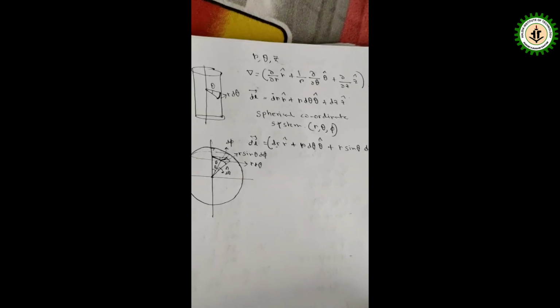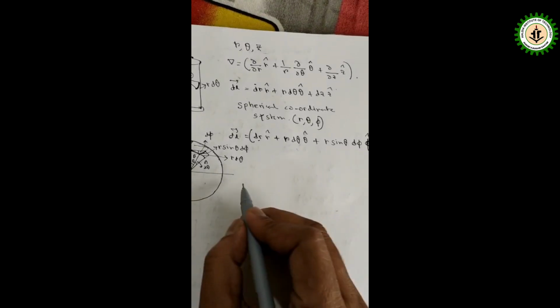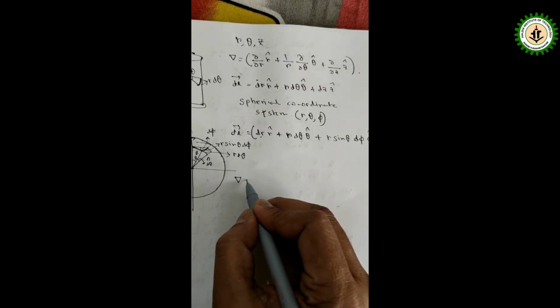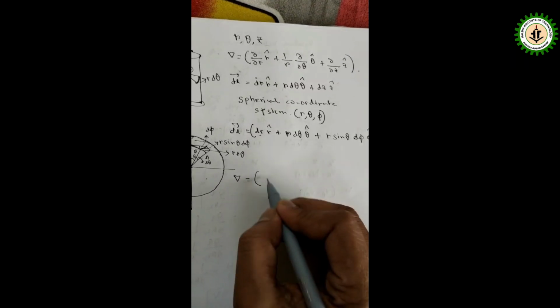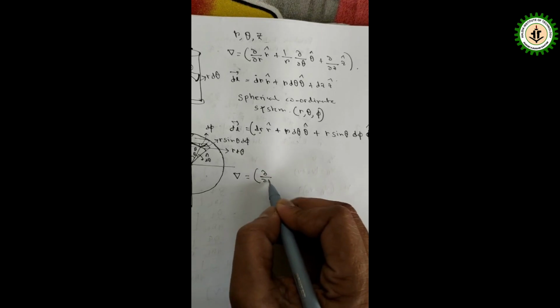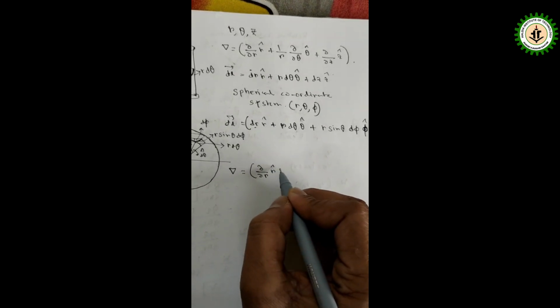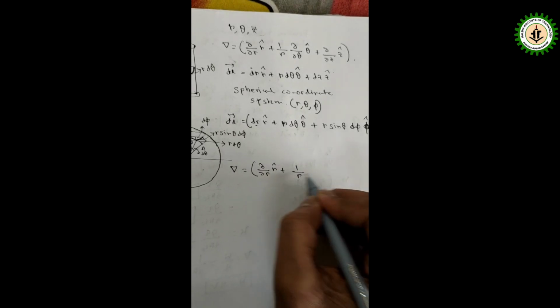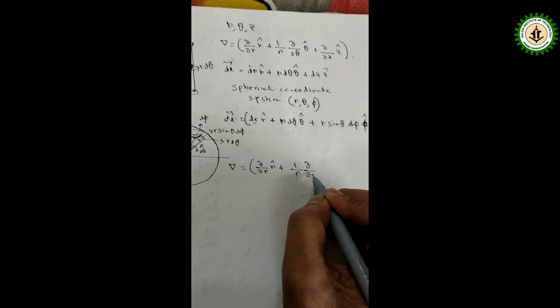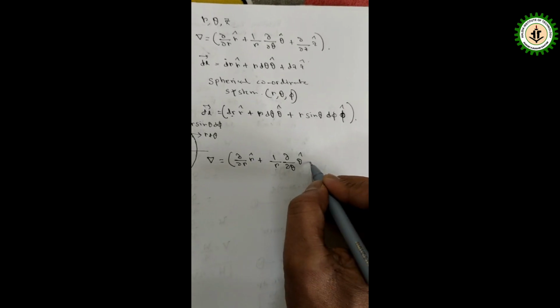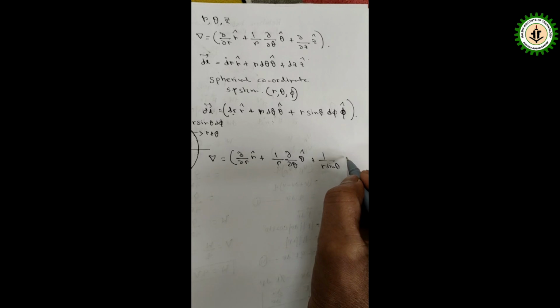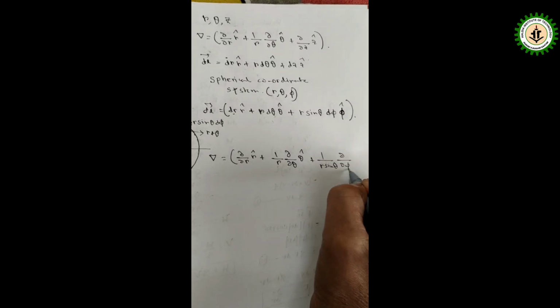So when I consider a spherical coordinate system, the gradient operator changes, and it will be del of r along the r direction plus 1 by r del of theta along the theta direction plus 1 by r sin theta into del of phi along the phi direction.